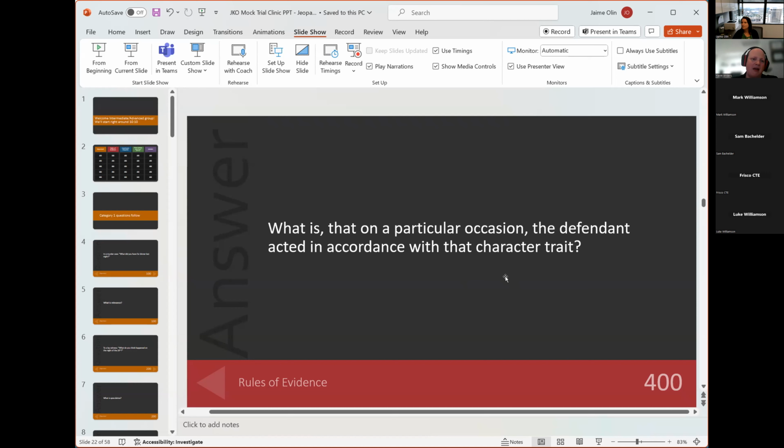So it's sometimes best to think of it in terms of, does what they did in the past lead them to have a propensity for that? If you could couch it in those terms, that's generally a permissible way to use that information.